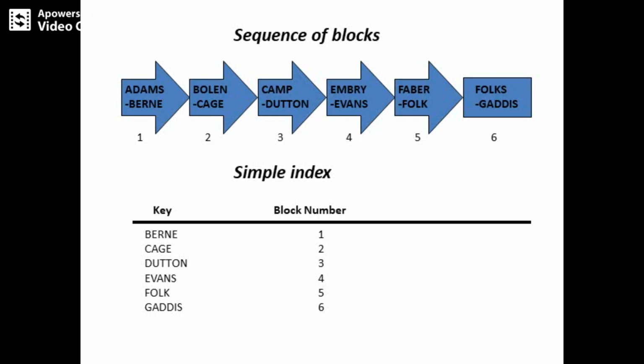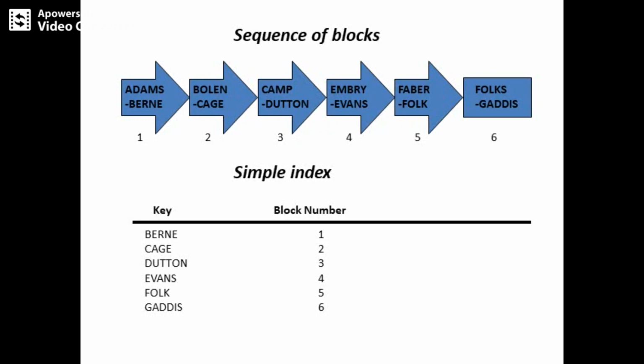Suppose you have 10 records in that one particular block, then the first record key is Adams and the last record key is Burney. So for simplicity we have listed only the first record's key to the last record's key. In the same way you can see it in all the other blocks also, right?